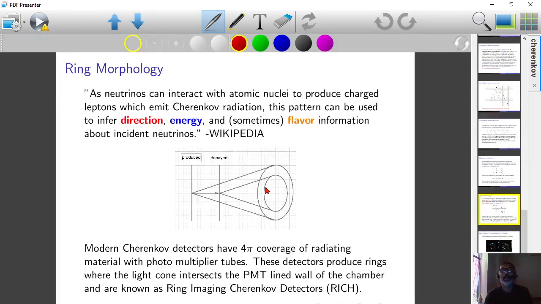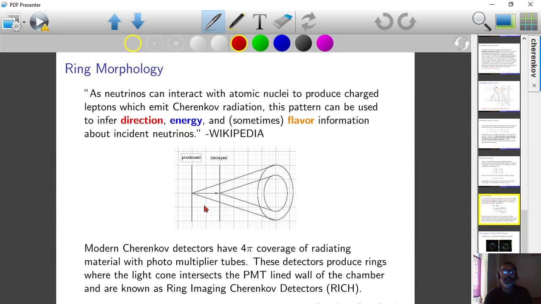It can be a circle or it can be other conic sections such as an ellipse, which will give me the direction information. With the energy information, for high energy particles this angle will be large. That means the radius of the ring will be large. That means the radius of the ring will give me information on energy and also flavor.